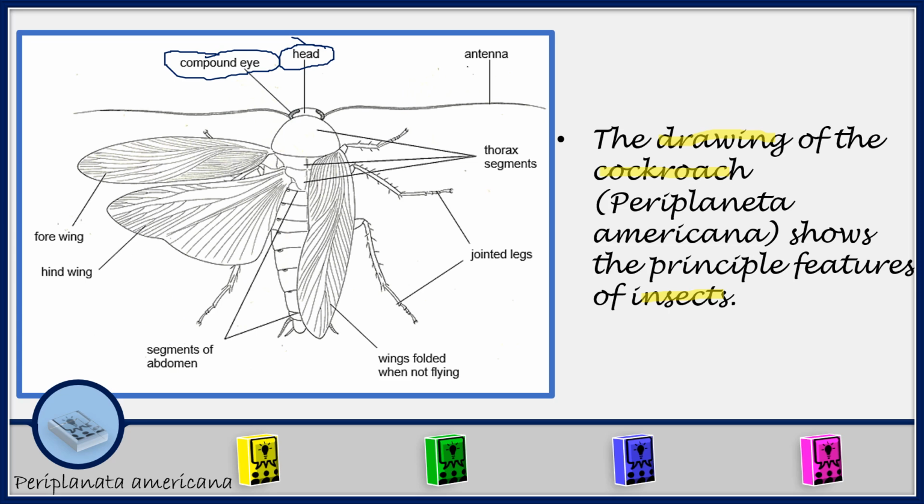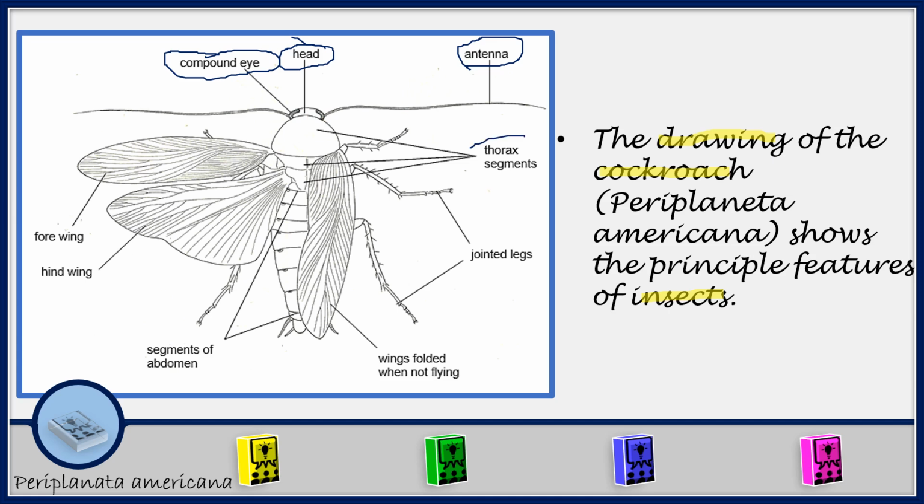Then we have the antenna. Antenna, they are those long filamentous structures which are attached near on the head, but when you look at it, you might think that they are attached on the compound eyes, but they are attached on the head.